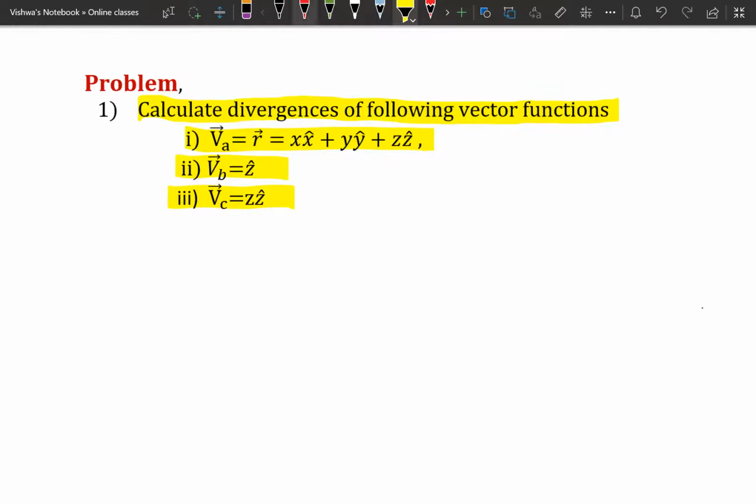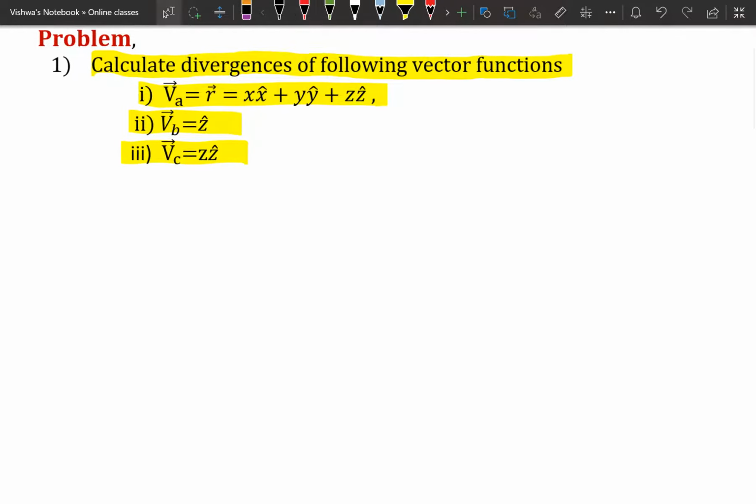So first one, vector field VA is given, that is r bar. This is the position vector. R bar indicates the position vector. It's x x cap plus y y cap plus z z cap.